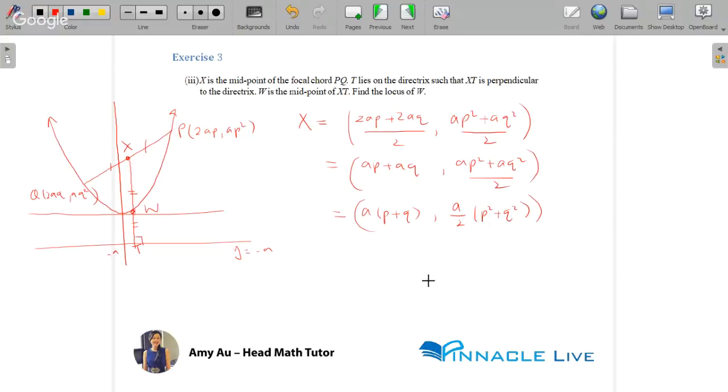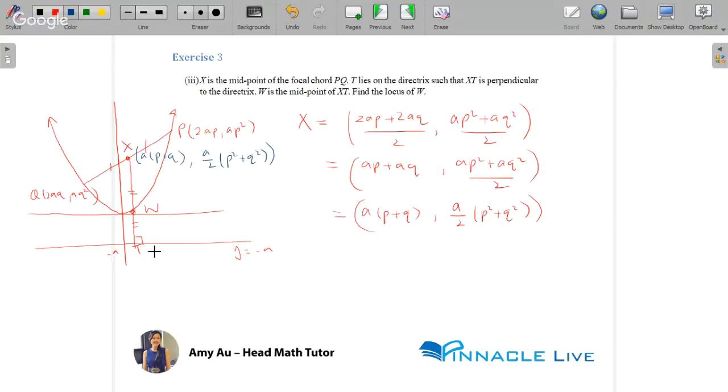All right, that's it. So X has the coordinates (a(p+q), (a/2)(p²+q²)).